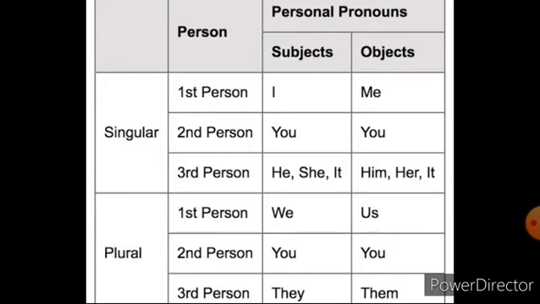For the singular we are mentioning I. For the plural, including I, you have to point out we. So the first person plural is we. And then the second person plural is you. Both the second person singular and plural are you only.